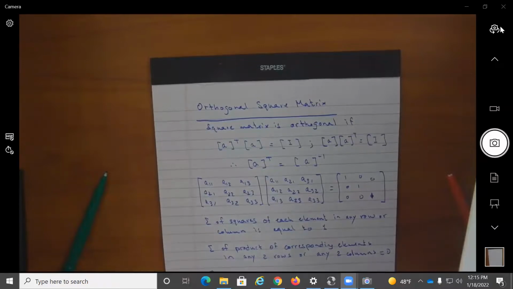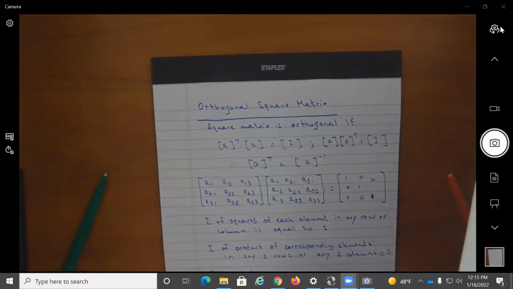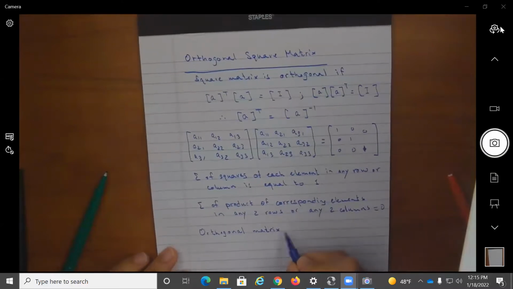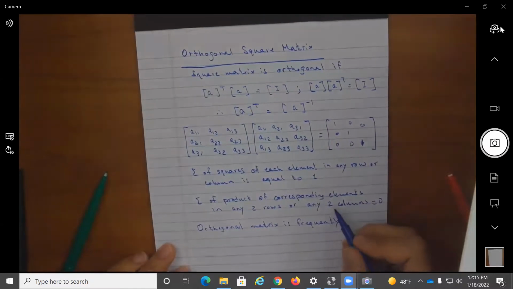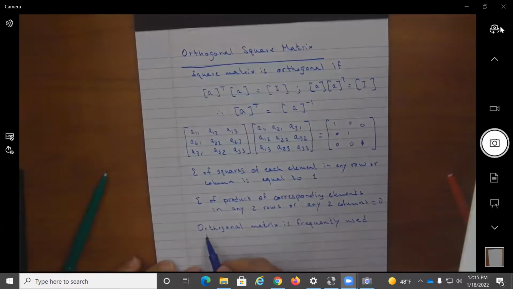In structural analysis or in general, the orthogonal matrix that is frequently used is called the transformation, or we sometimes call it rotation matrix.